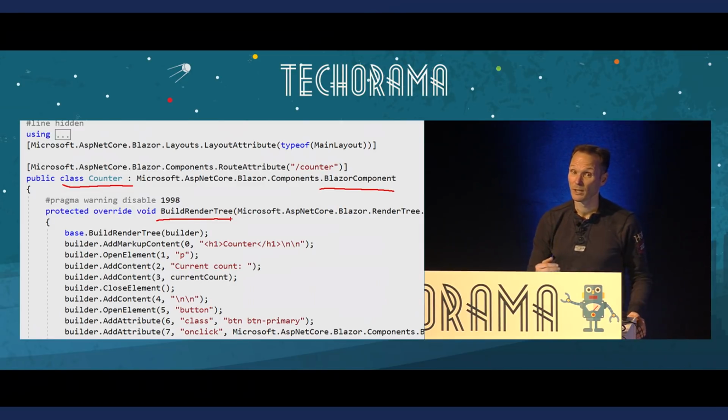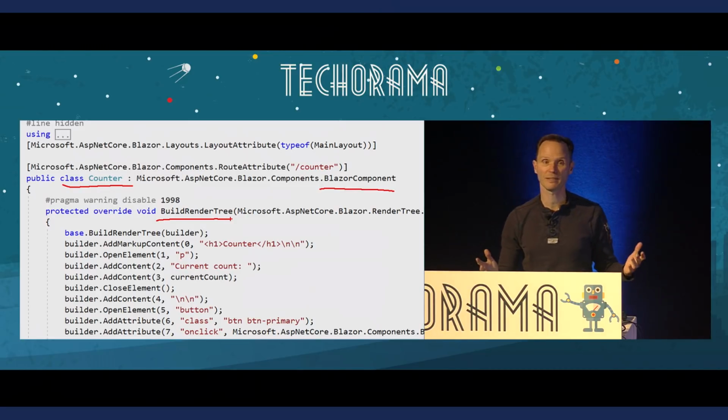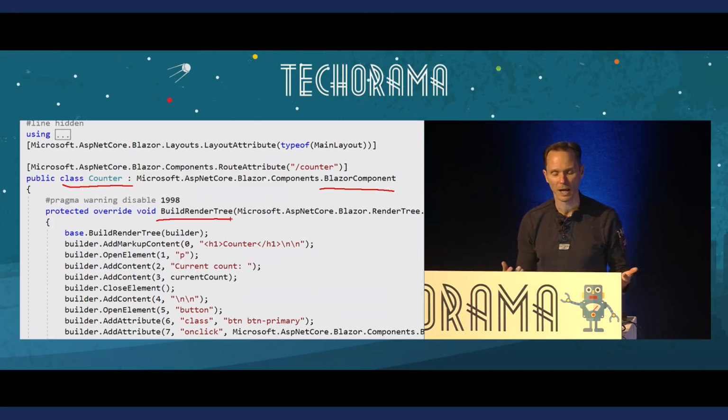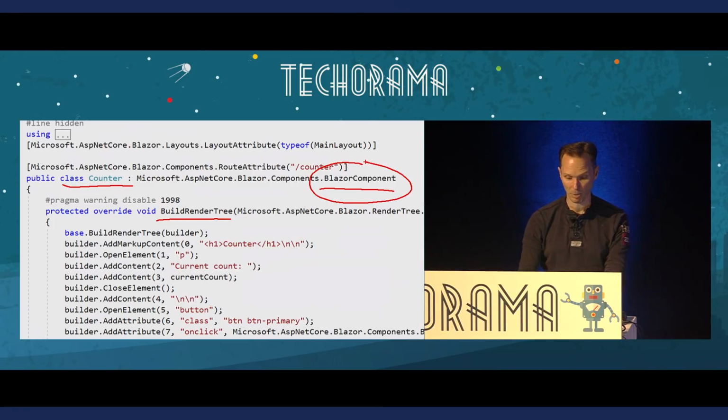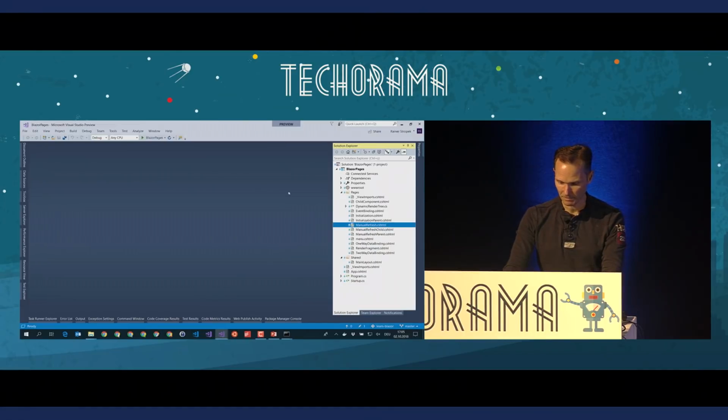Of course, you do not absolutely need to use the Razor templating of Blazor. You can write your own class, derive it from ComponentBase, and build any arbitrary code in BuildRenderTree. I have an example for that. It's exactly here.